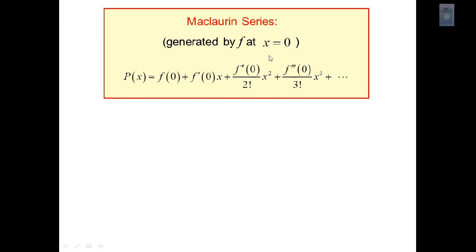You should know that. Maclaurin is always going to be generated at and around 0. It's based off of 0. So that's why we have f of 0, f prime of 0 times x, f double prime of 0 over 2 factorial times x squared. That's the equation for it. So you're always going to have 0 here, here, here, in all those places.